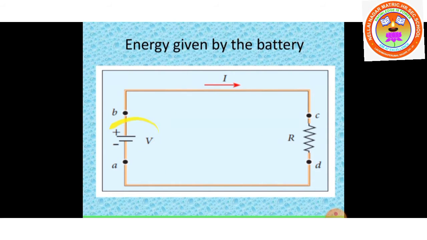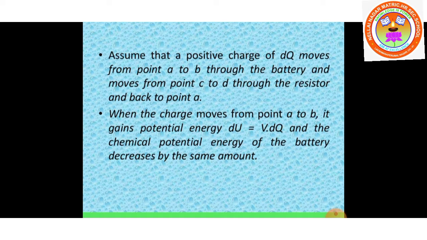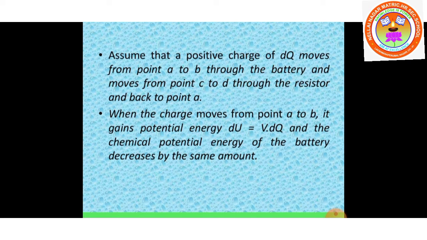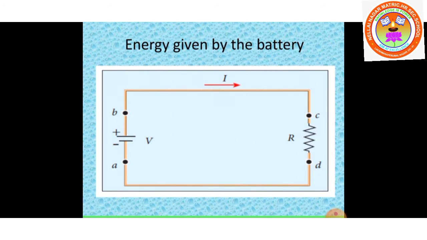This is a battery, it has a potential difference V. This battery is connected to the resistor, that is CD, which has a resistance R. Assume that a positive charge dq moves from point A to B through the battery, and moves from point C to D through the resistor and back to point A. So a small amount of charge dq moves from A to B, crosses the resistor C to D, and returns back to point A.